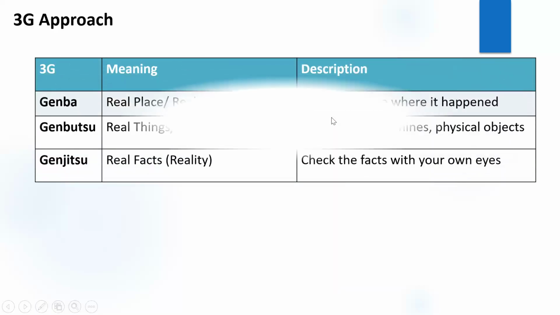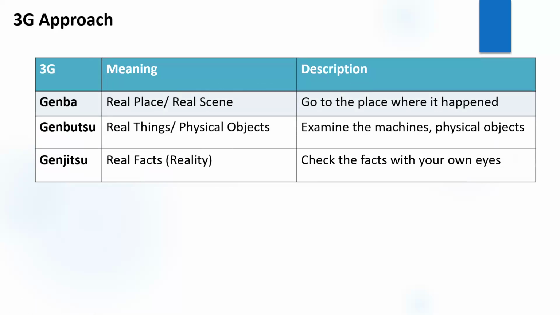So as we discussed, Gemba is the real workplace, and if you face any problem, after it occurs you should go to the Gemba, the place where the problem happened.